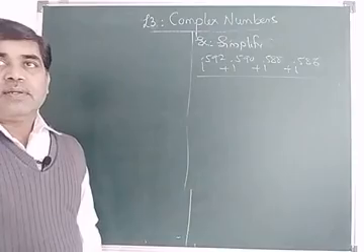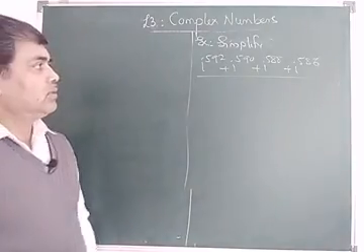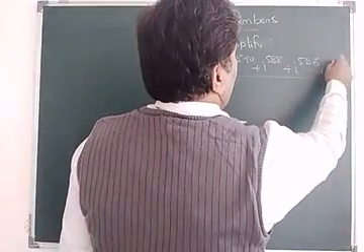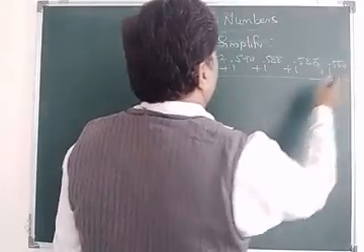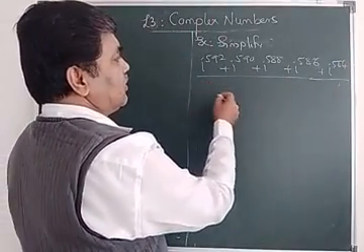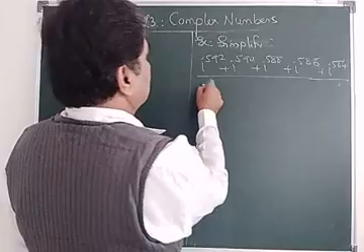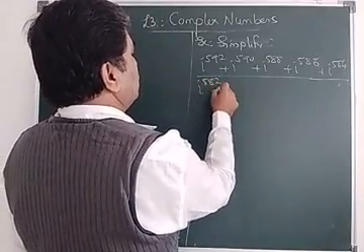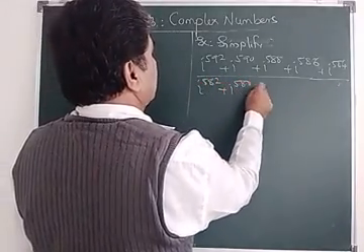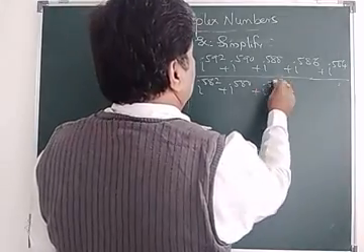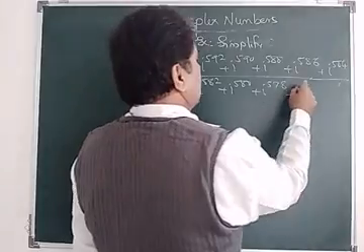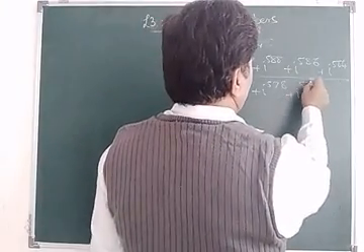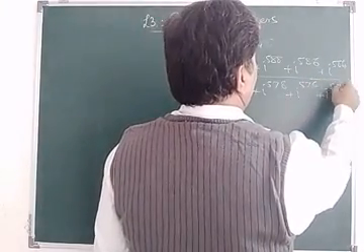Then i raised to 584 is also there, upon i raised to 582 plus i raised to 580 plus i raised to 578 plus i raised to 576 plus i raised to 574.